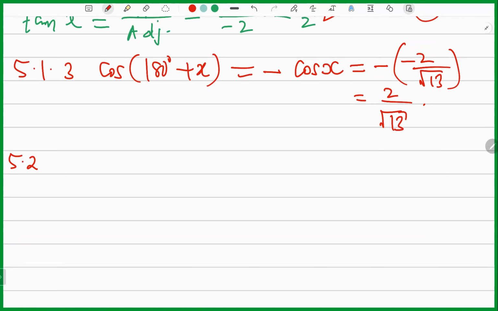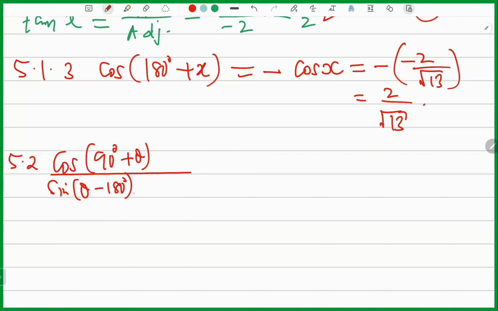And here it is. 5.2 begins as follows: the cosine of 90 degrees plus theta, divided by the sine of theta minus 180 degrees, minus 3 into the sine of minus theta.